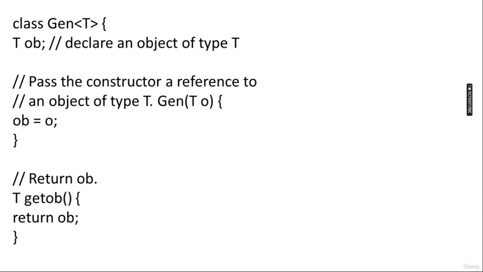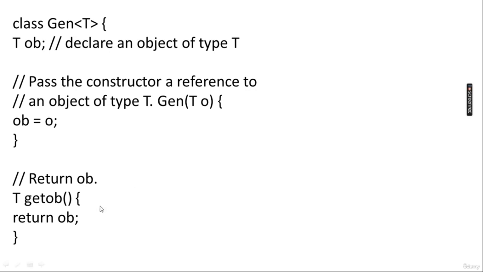We will see class Gen<T>, and declare an object of type T, any type. You can write it there as Integer, Float, Boolean, String, Char, or anything. Pass the constructor a reference to an object of type T: T object equals o.